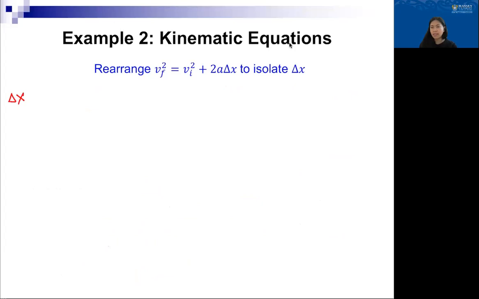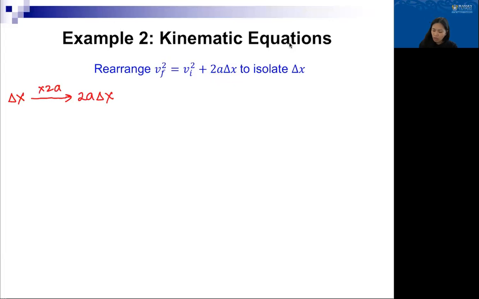We want to isolate delta x. So we start with delta x and we look at this equation. Delta x is multiplied with 2a. So to build up the equation, I need to multiply delta x with 2a. Right? Then I have 2a delta x.